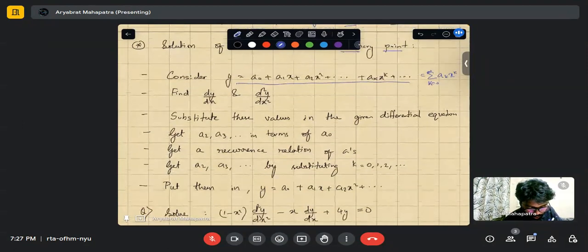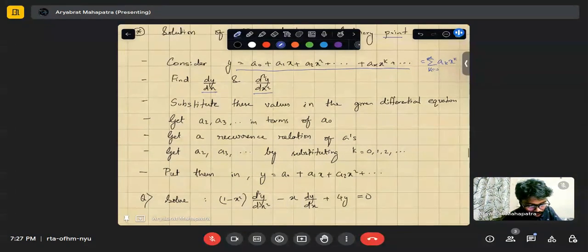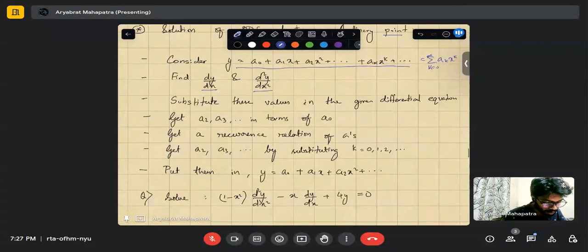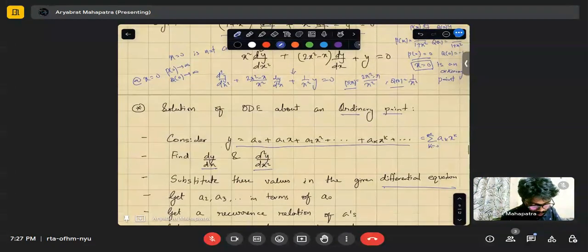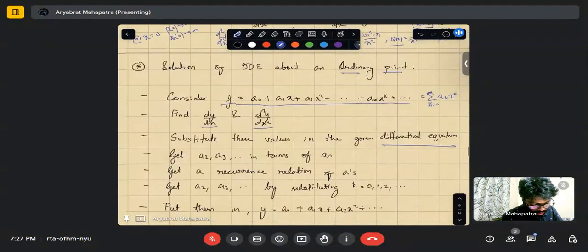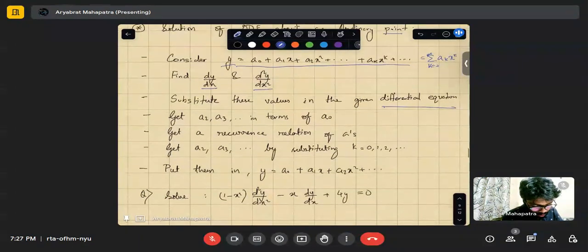Then you take its derivative and then the double derivative. You substitute them in your differential equation. So substitute your dy by dx, d square y by dx square, and y. This is your y. You substitute them in your differential equation, and you will compare LHS and RHS of the differential equation.